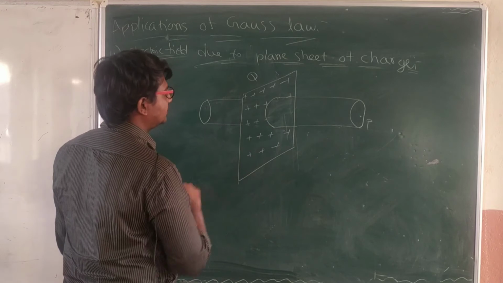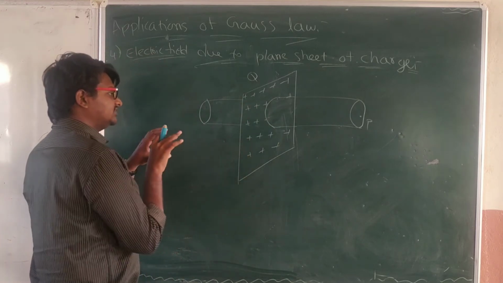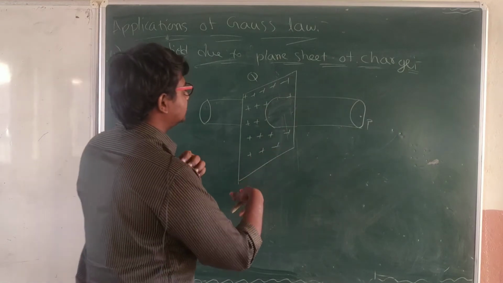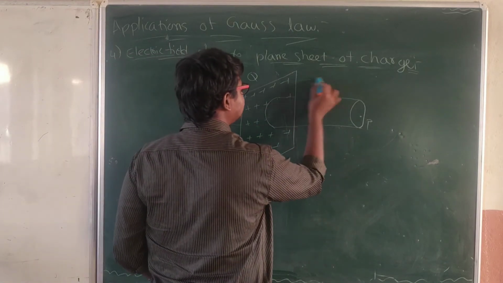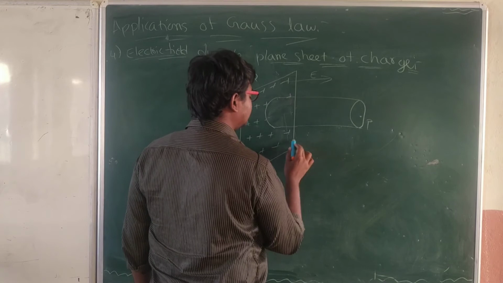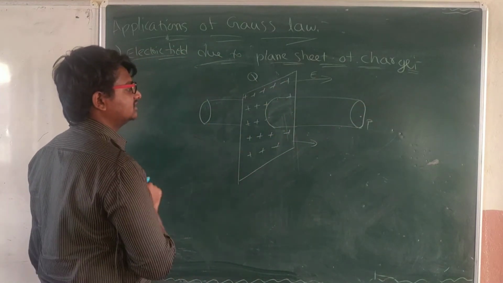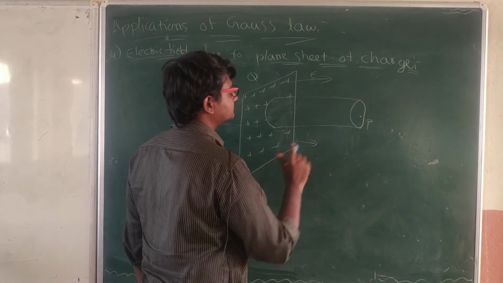Okay, there the point P. The Gaussian surface is like a cylindrical surface we have considered here in this situation, and due to this plane sheet, the electric field will be along the length of the Gaussian surface that we have chosen.